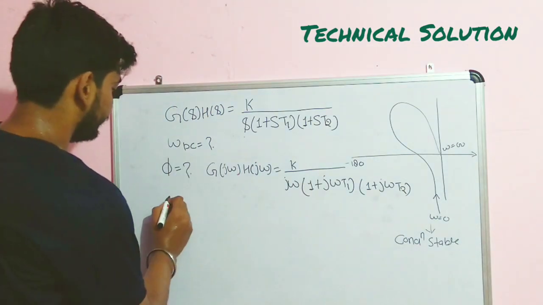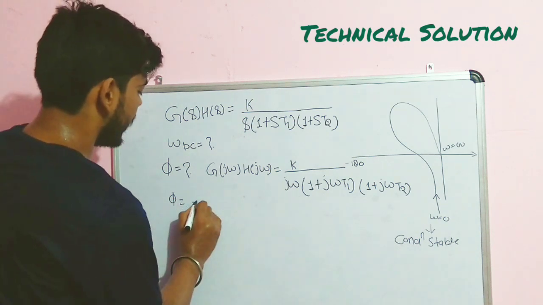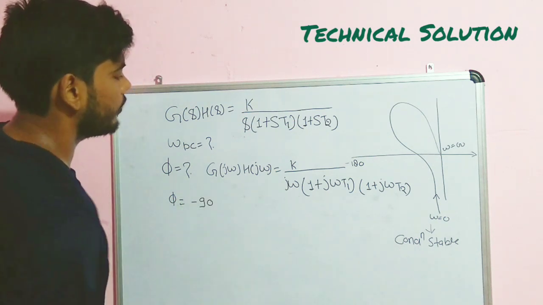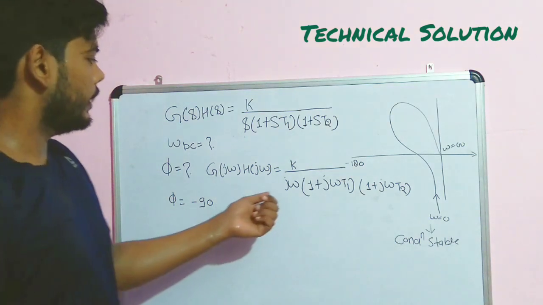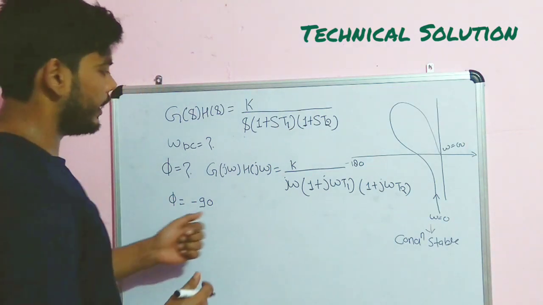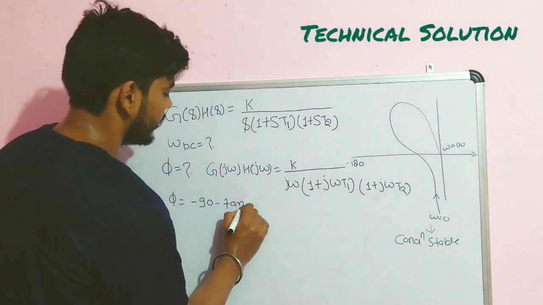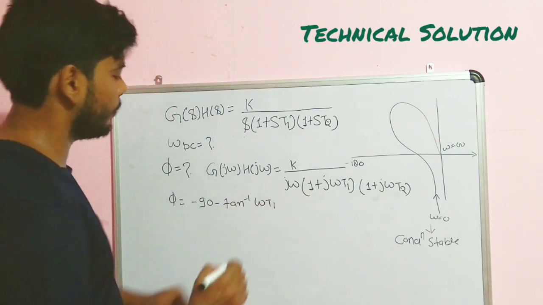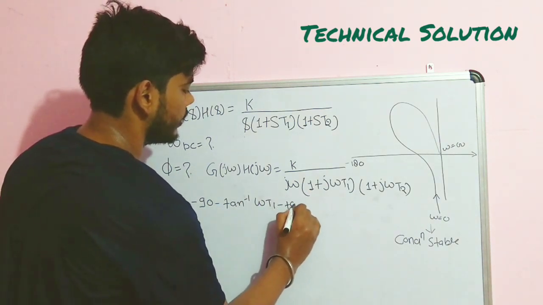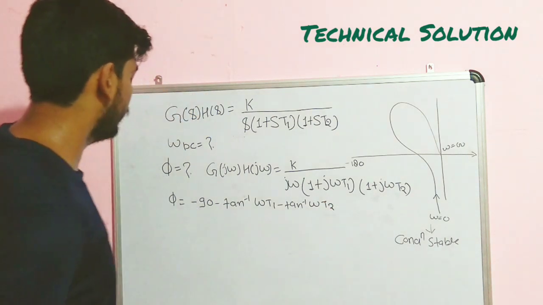For the phase, the numerator phase is 0, so the phase of the denominator is minus 90 minus tan inverse of omega t1 upon 1, the real part, minus tan inverse of omega t2 upon 1.